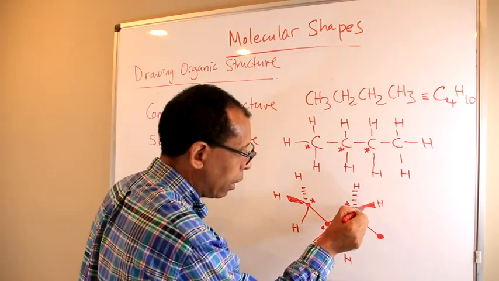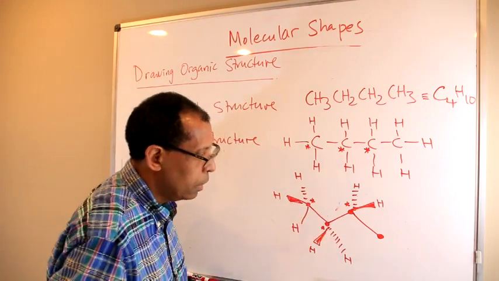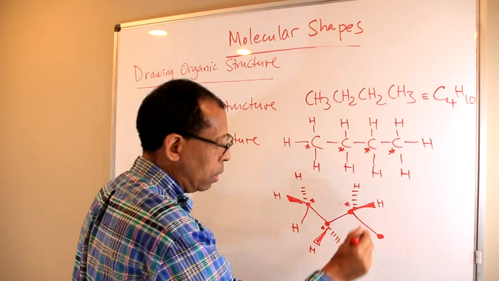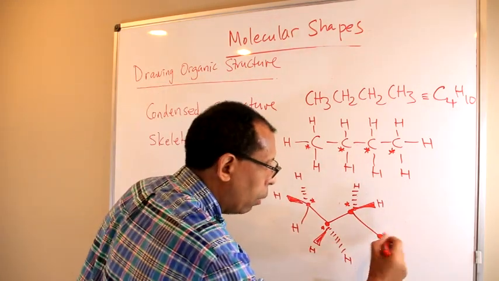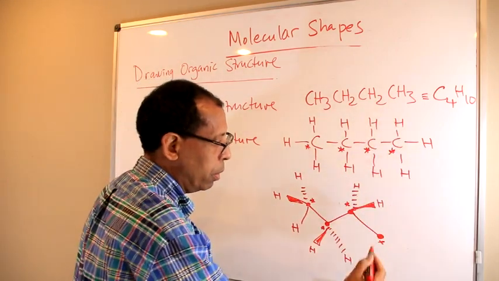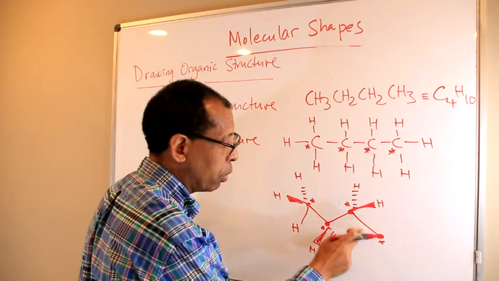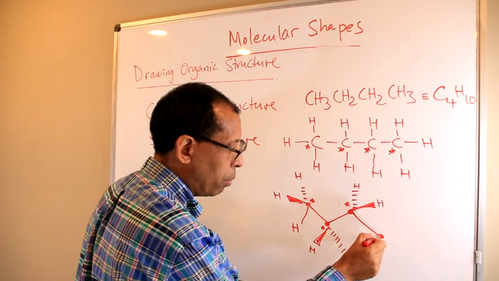Remember the bond angles should be 109. So the next carbon, which is this carbon, is on the plane of the board. So now at least one of the hydrogens should be in the plane of the board, because there is one already on the plane of the board on this carbon.